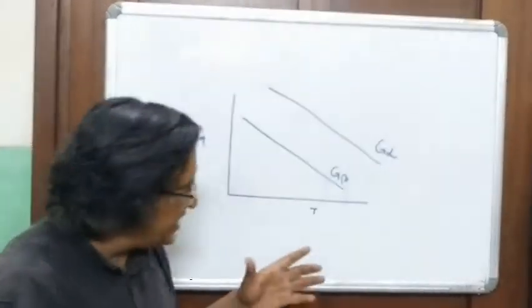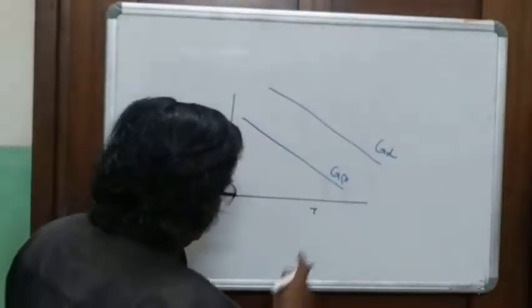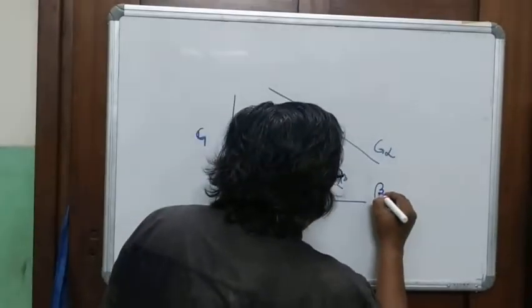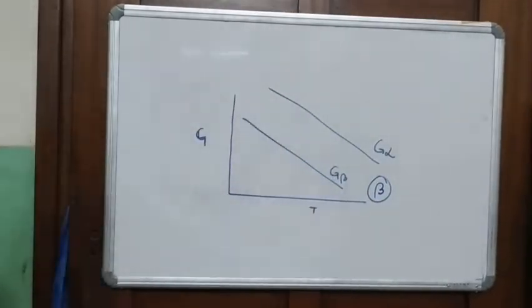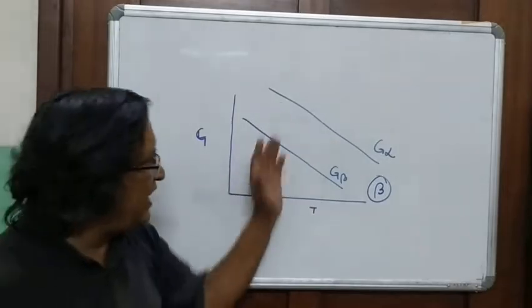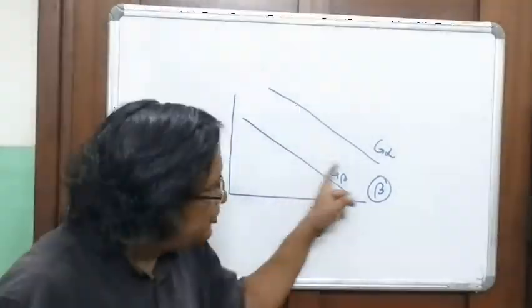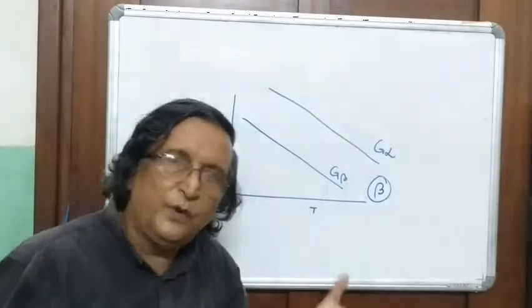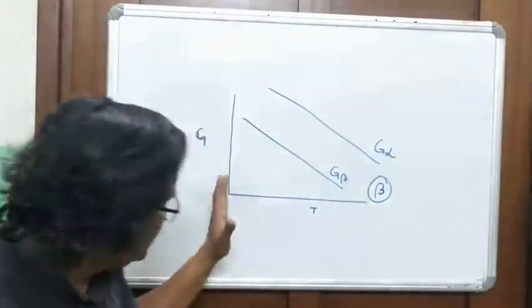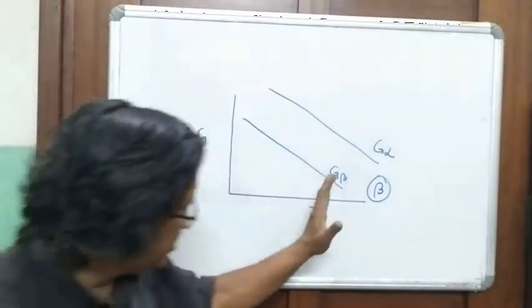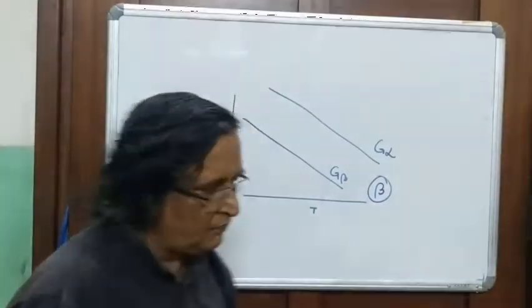So for all practical purposes, for this temperature range, beta is going to be the stable phase, because G alpha at any temperature has a higher free energy than G beta. Beyond this, we don't know how things happen.